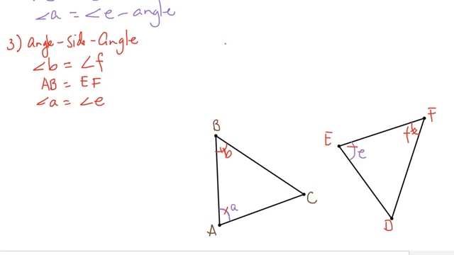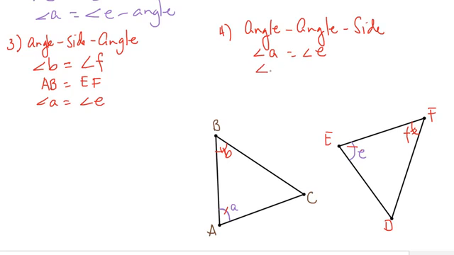Very similar to number 3 is number 4. It is called angle angle side. This side is what we call a non-including side. That means if I have angle A is equal to angle E, and angle B is equal to angle F, and then we can find a side that is not included.